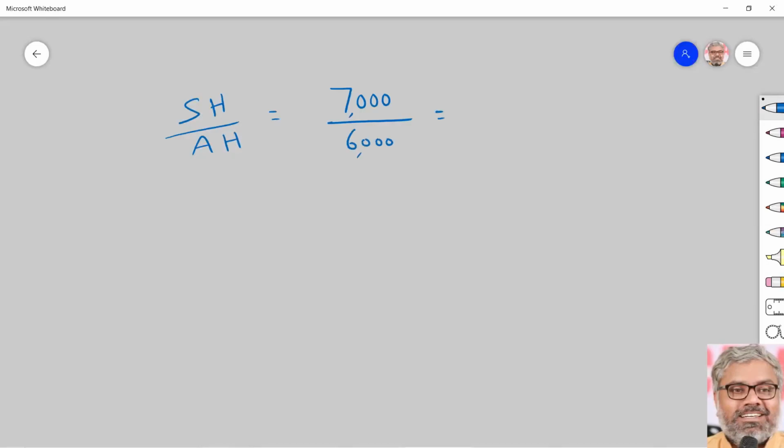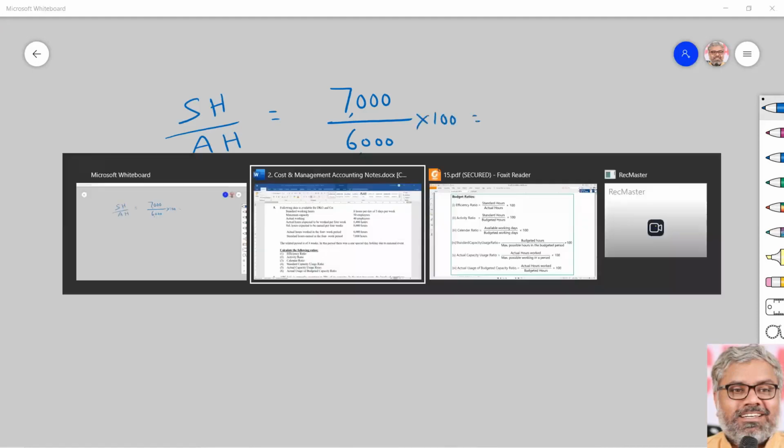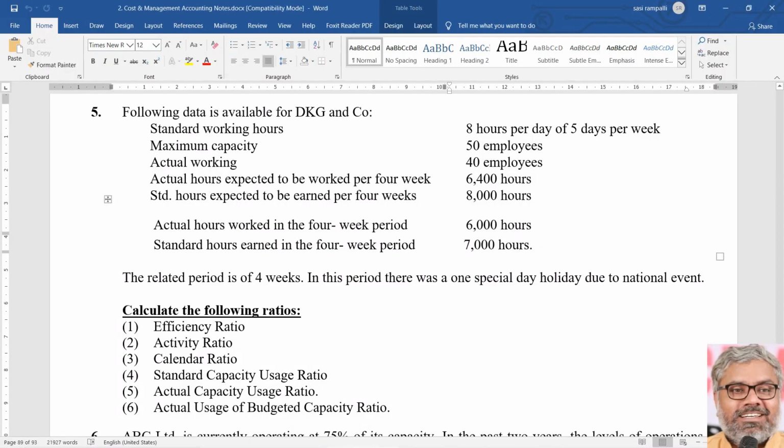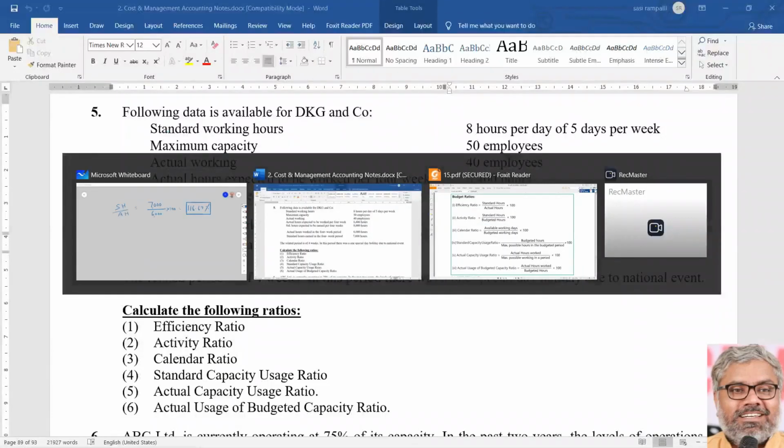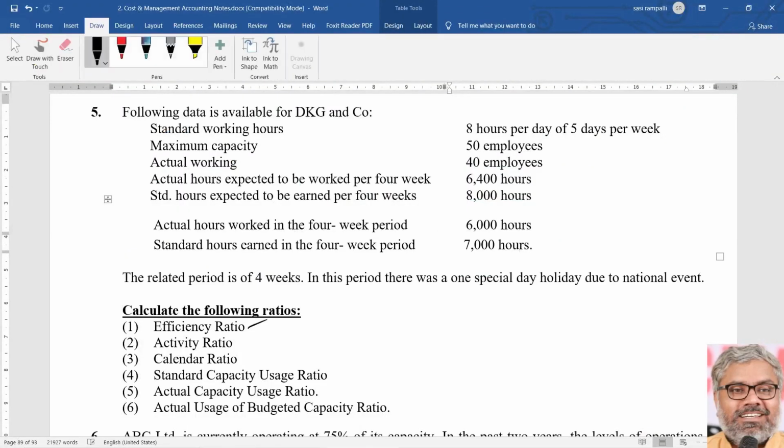So 7,000 by 6,000, multiplying with 100, will give us the efficiency ratio. Simply 7 by 6 into 100 comes to around 116.67%. That is the first answer for the efficiency ratio.